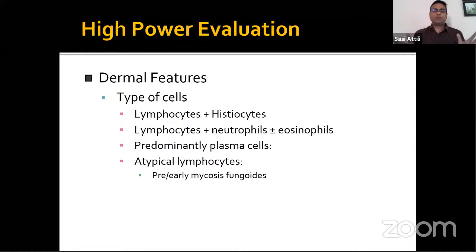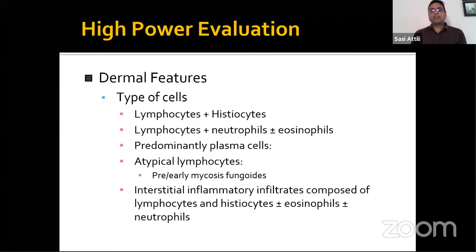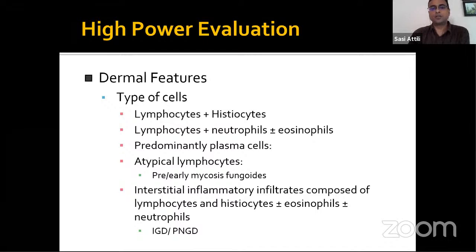Obviously, lymphocyte atypia is in the eyes of the beholder in the early cases, but this is something you need to look for. So this is an example of an interface dermatitis which is not a dermatitis, it's actually a malignancy. Then if you're seeing interstitial infiltrates composed of lymphocytes, histiocytes, eosinophils, and neutrophils, then your diagnosis is interstitial granulomatous dermatitis or palisading neutrophilic and granulomatous dermatitis.